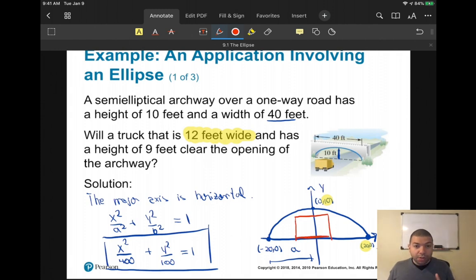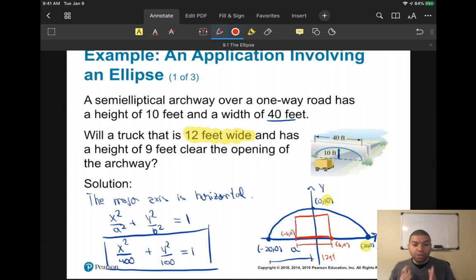Because the truck is 12 feet wide, the best chance that the truck has to go under the archway is to stay right in the middle, meaning this has got to be 6, 0, and this has got to be negative 6, 0. Six to the left, 6 to the right, right in the middle.